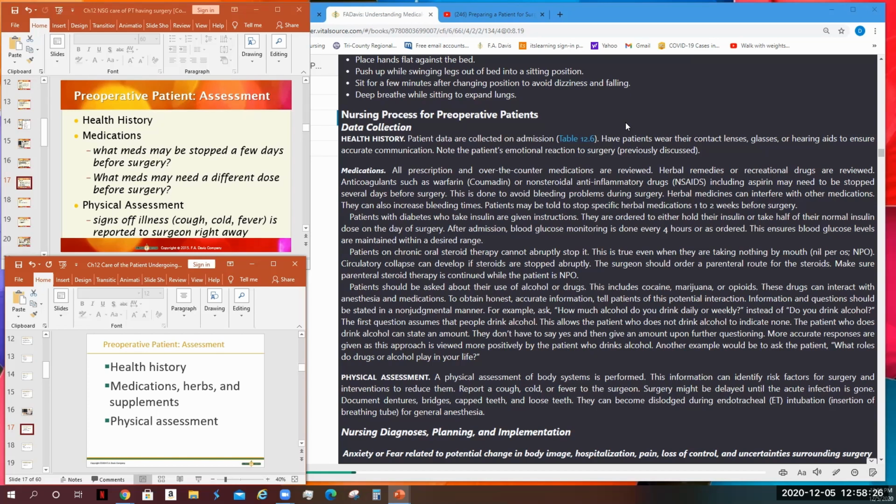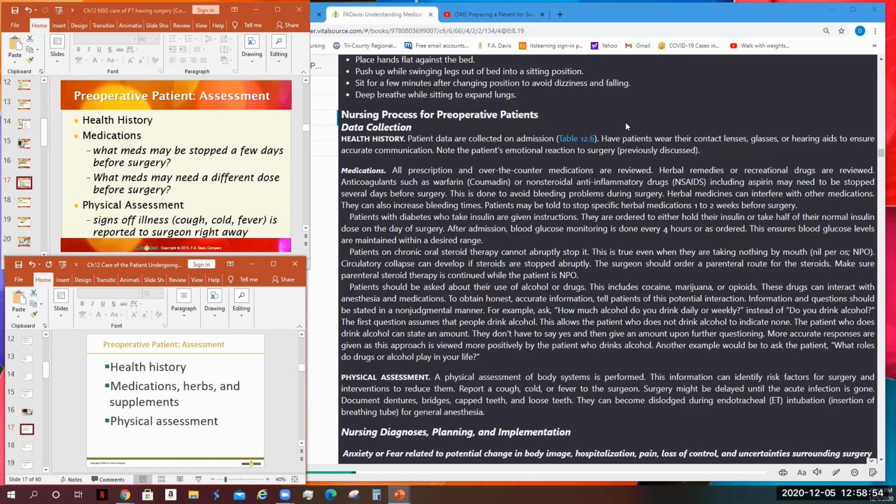This is done to avoid bleeding problems during surgery. Herbal medicines can interfere with other medications. They can also increase bleeding times. G's cause bleeds. Remember that. Patients may be told to stop specific herbal medications 1 to 2 weeks before surgery.